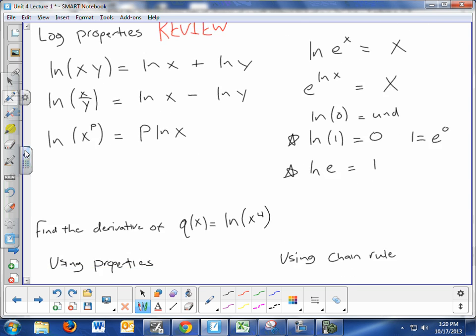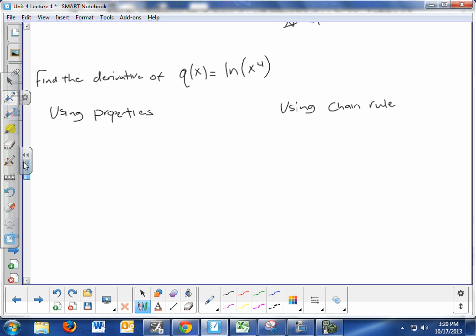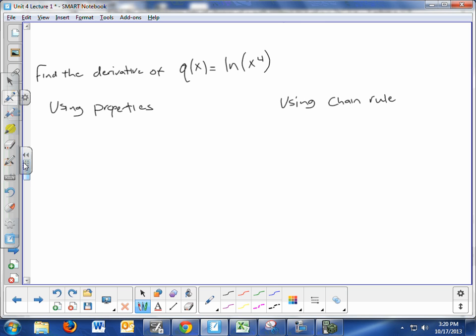All right. Well, let's take the derivative of q of x, which is equal to the natural log of x to the 4th. We could either use our properties that we know to take the derivative of this, or we can use the chain rule and use the derivatives that we talked about, those formulas at the beginning of the lecture.